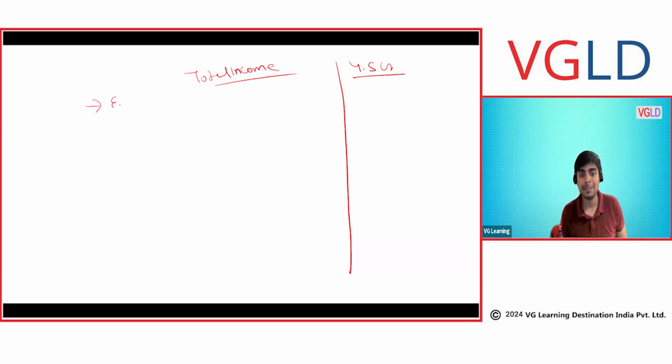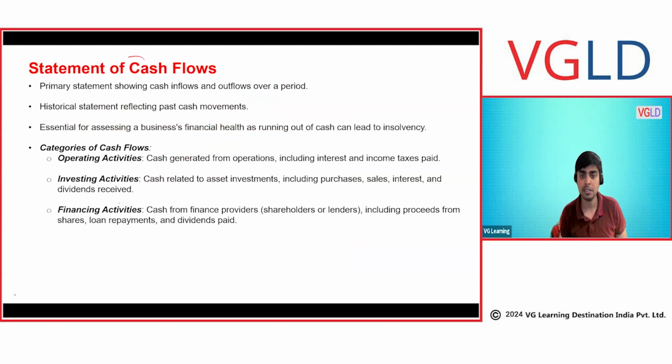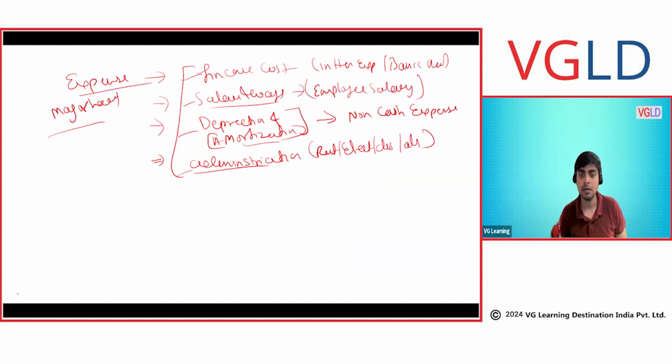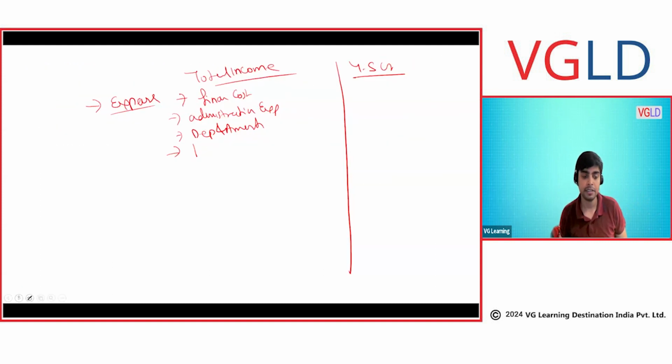Okay. The expenses heads I have discussed with you. All the expenses heads: finance cost, administration expenses, depreciation and amortization, and salary, wages.